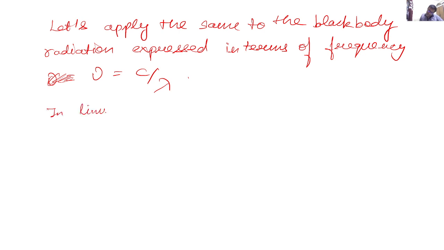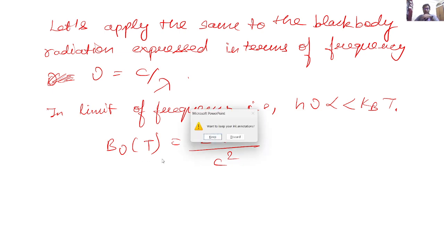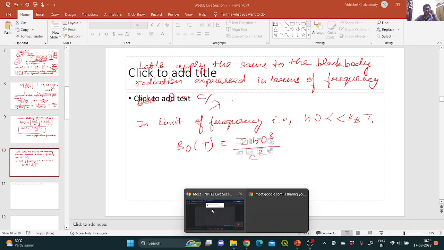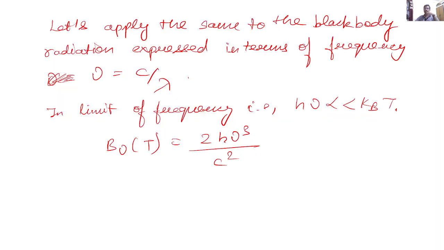Now in the limit of frequency, that is h nu much lesser than kBT, B nu T will be written as 2 h nu cube by c square times kBT by h nu.